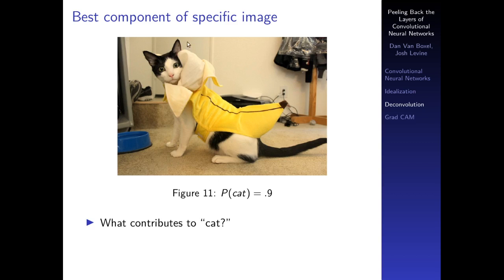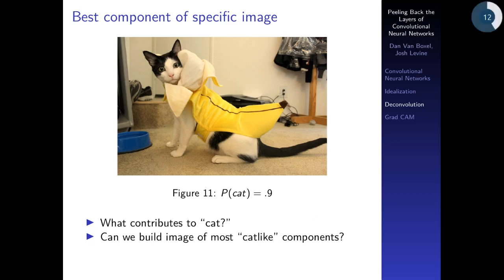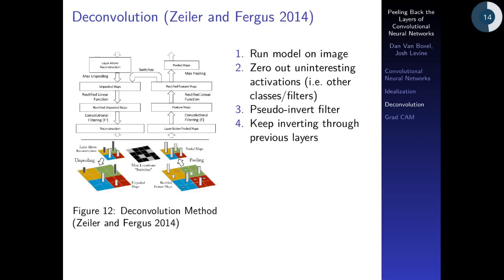So you might imagine from this image, I'd want to black out all this carpet and all this other nonsense and just focus on the cat, and maybe this banana doesn't really contribute. Something like that. So can we build an image out of only the most cat-like components? I want to stress this is distinct from before. We're going to obtain an image about a specific input, one specific image at a time, and for a specific class in this case. So this idea is called deconvolution.